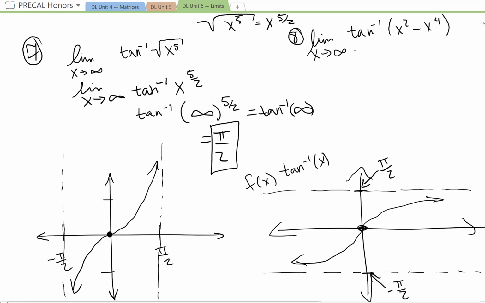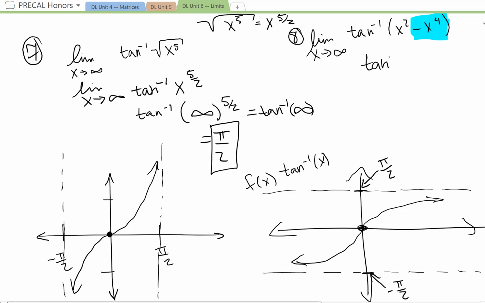In this case, tangent inverse of a polynomial, if you have a polynomial, you only need to care about the term with the highest degree, it holds the significance, okay, and the x squared can basically be ignored because we're working with infinity.